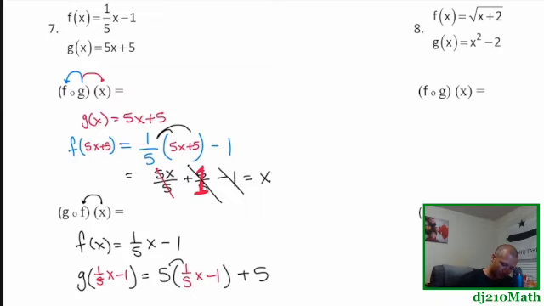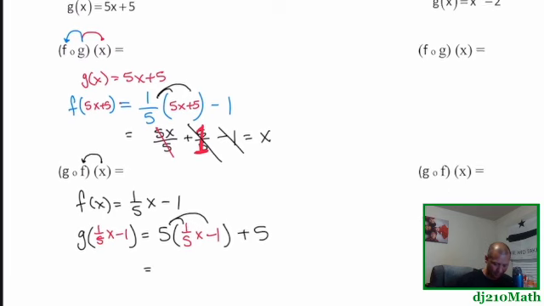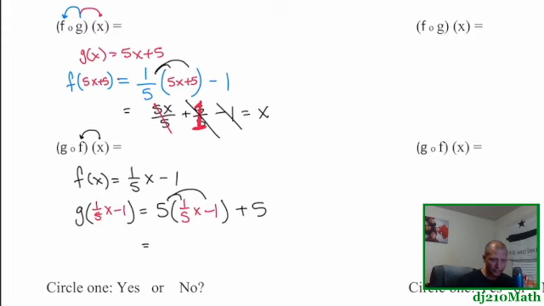Simplifying, we're going to distribute. 5 times 1/5 cancels, that's just x. And then 5 times -1 is -5 plus 5, that cancels.